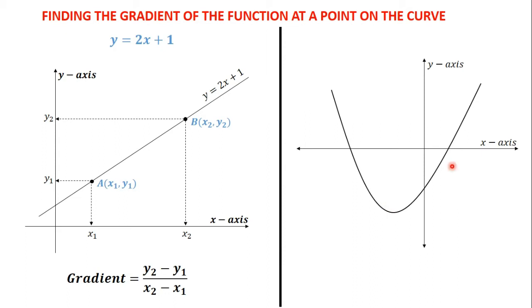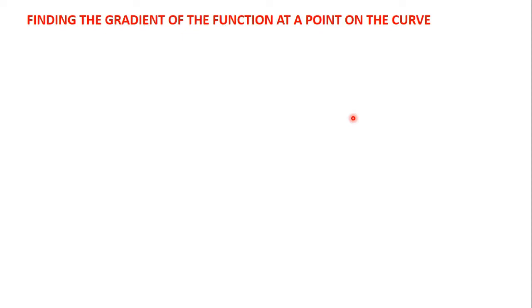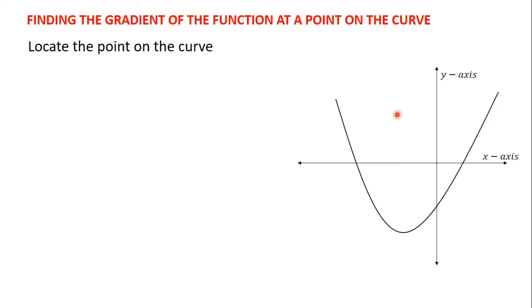Now let's move on and learn how to find the gradient of the function at a point on the curve. To find the gradient of the function at a point on the curve, the first thing you have to do is to locate the point on the curve. So let's bring the graph of the quadratic function back.